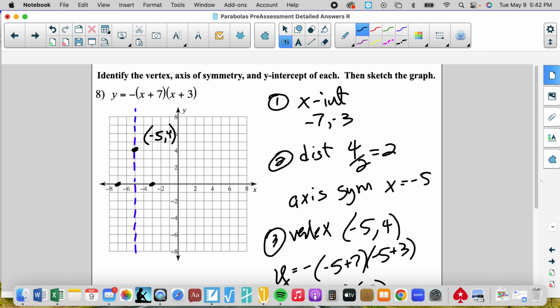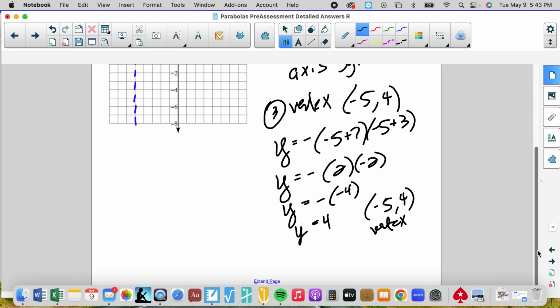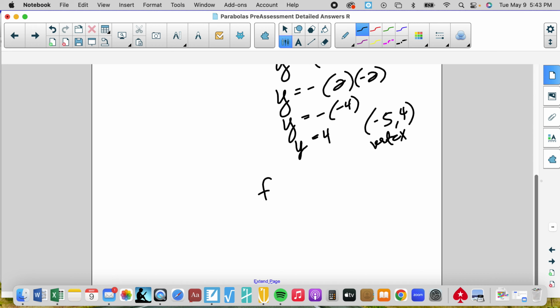Now I'm not picking just any random point. Typically the fourth is pick an x value, but I don't have my y-intercept yet. So I need to find my y-intercept. That's going to be important. You need to remember that you still have to find the y-intercept by plugging in 0.